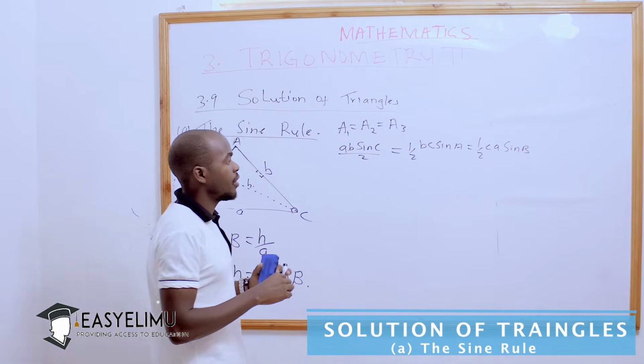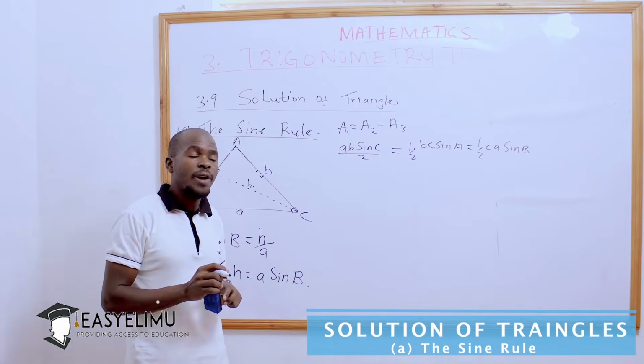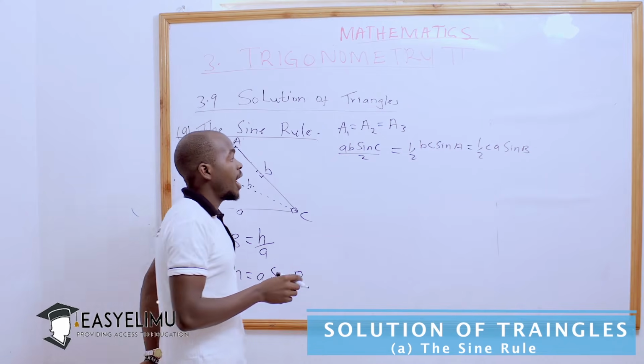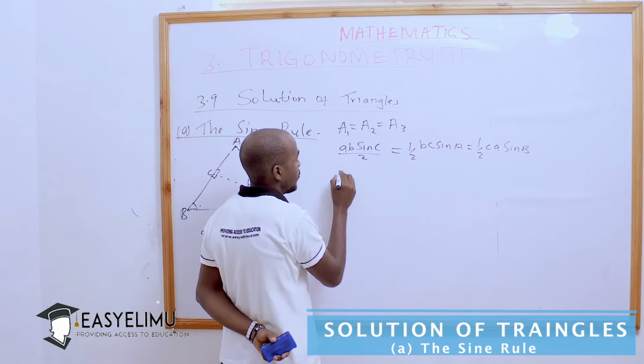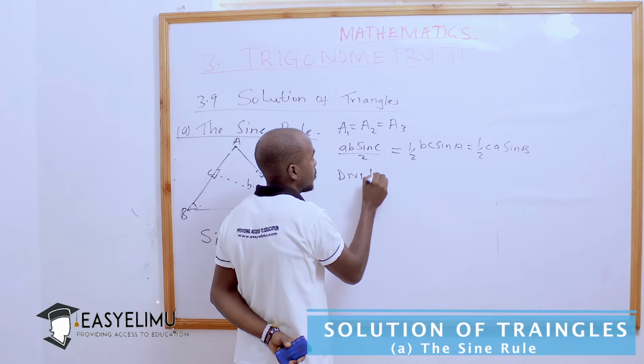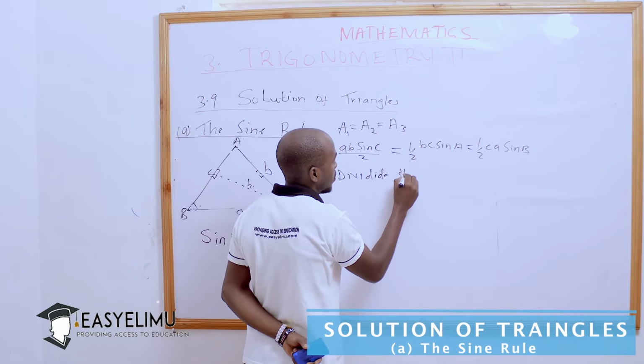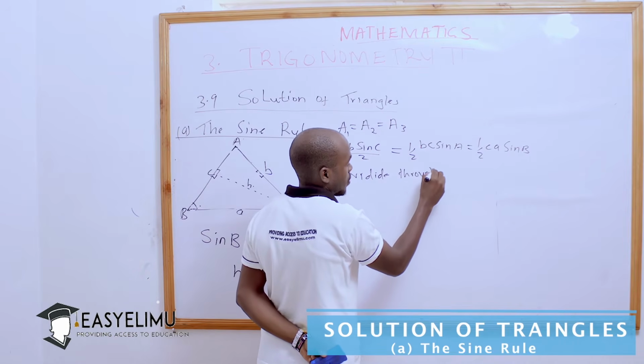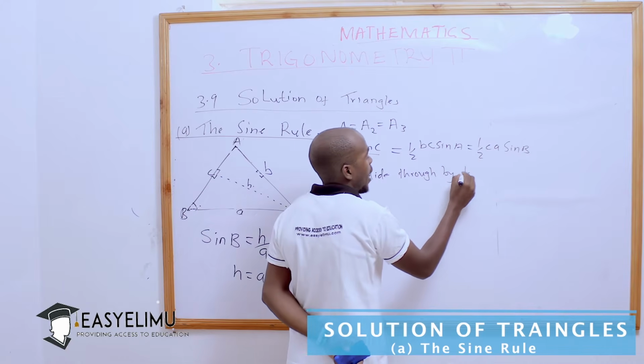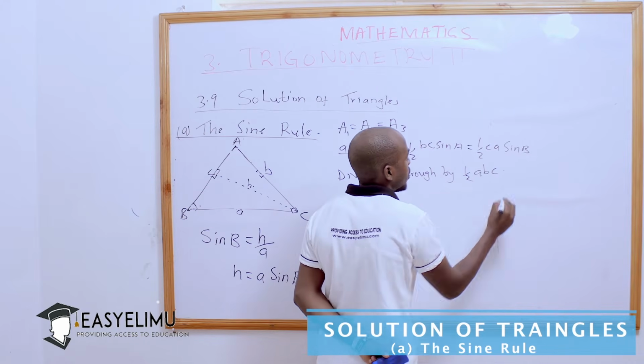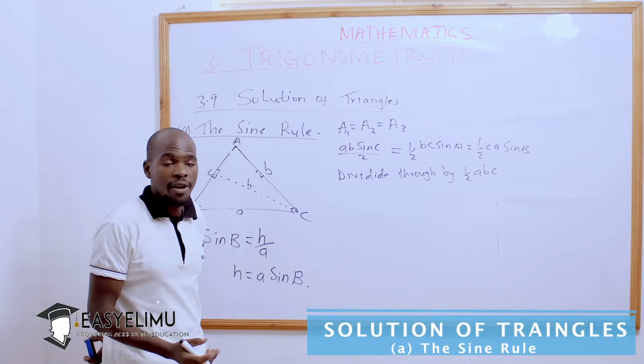At that point, we can decide to divide both sides through by a half ABC, so as to remain with what we shall find.